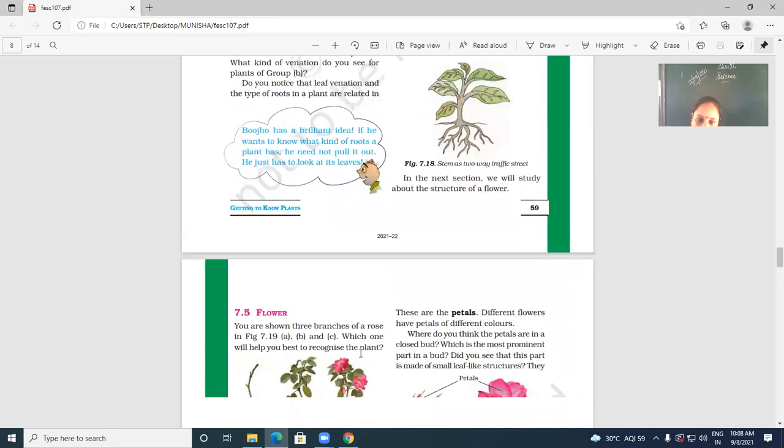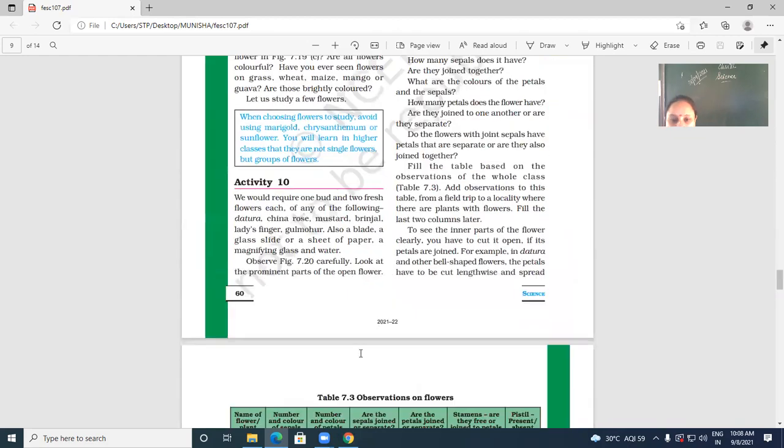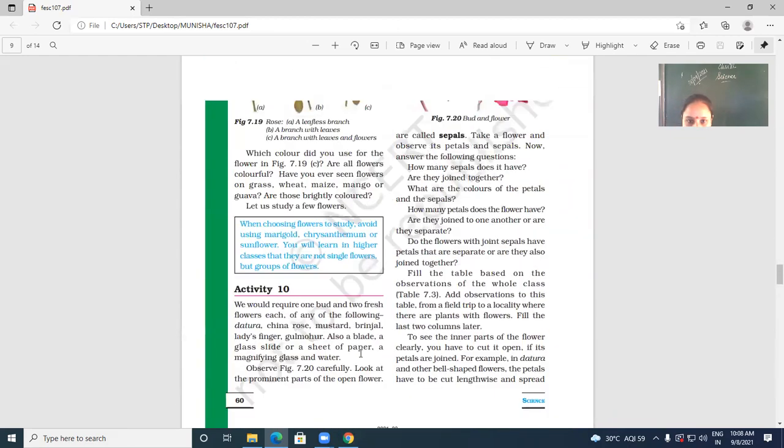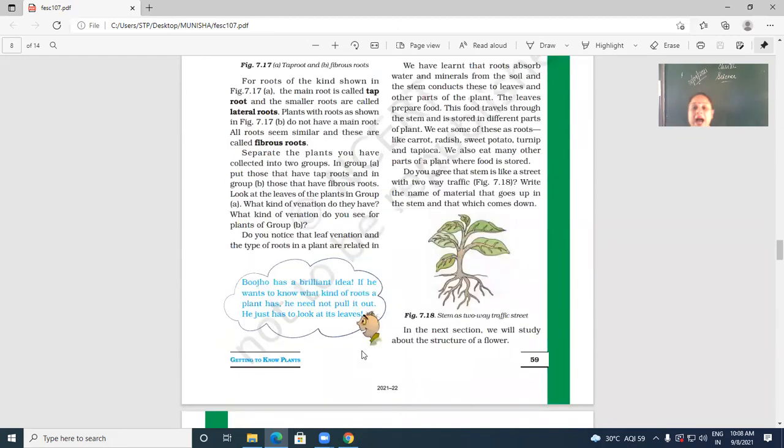Flower, I had already made you draw the picture yesterday, so you will not have to draw it again. You do not need to draw this again. Okay? And these ones also, if you have already drawn them in the copy, then you don't need to draw them in the copy. Okay?